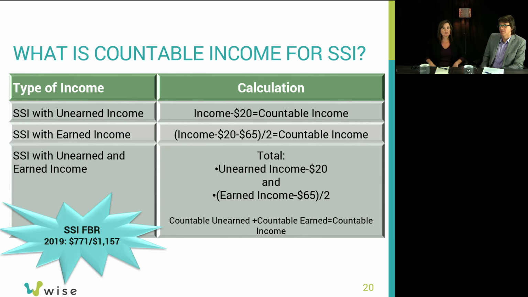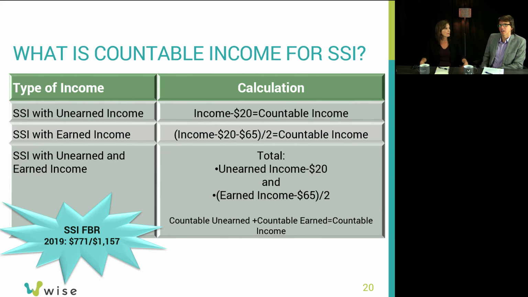Now, I just want to make sure that people are aware that you can go and get the updated numbers annually, so that you're operating with the most recent federal benefit rate when it comes to SSI, in order to assure that you really are pretty accurate about how much money you can expect to be receiving after countable unearned or earned income is applied to the SSI federal benefit rate.